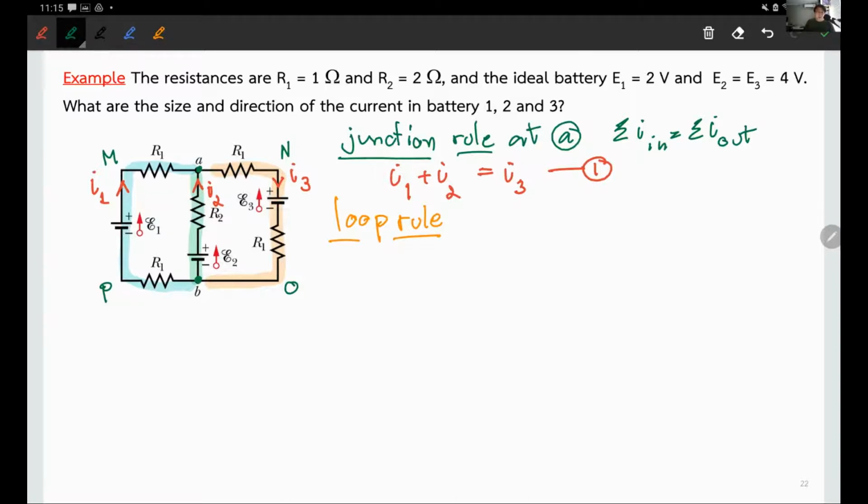I'm going to try the right-hand loop, just to change the atmosphere a bit. It's pretty much the same, actually. A, N, O, B, A. Let's go around the right-hand loop and write down the equation.